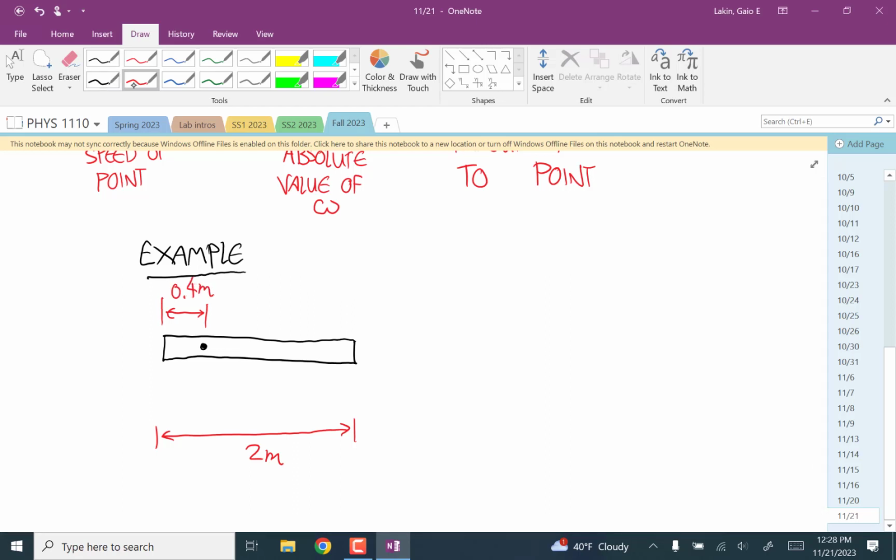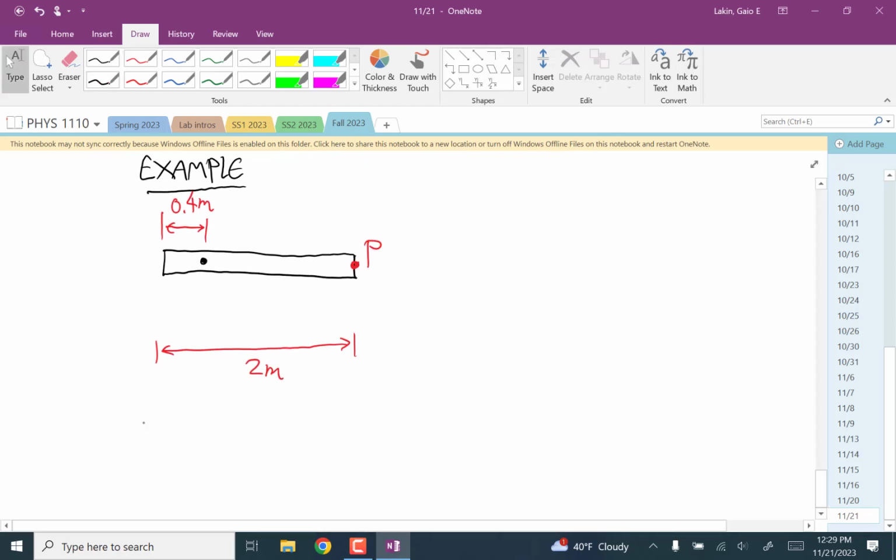Okay. And let's say this is the point P. If the board has an angular velocity of negative 20 radians per second, that's spinning pretty fast.